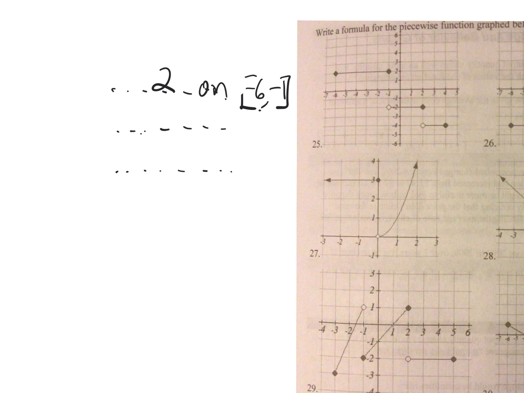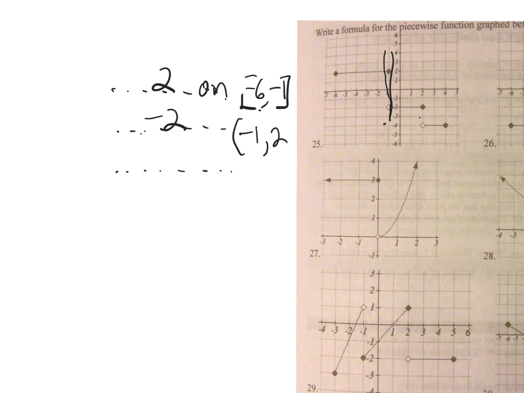And then for the next piece, we go from -1 up to 2. Notice it gets an open circle at -1, because we can't have -1 included in both pieces, or else it wouldn't be a function. It would fail the vertical line test. So this one will be open because they gave it to me as open, and then I'm going to close it at 2, and that equation is y equals -2.